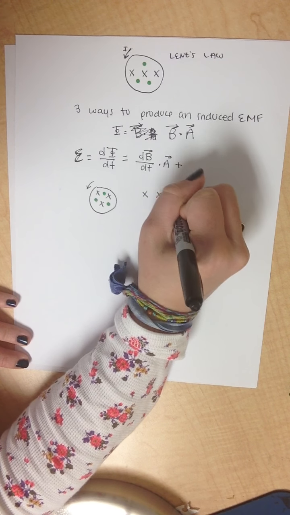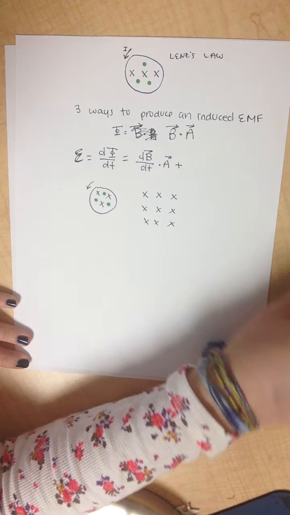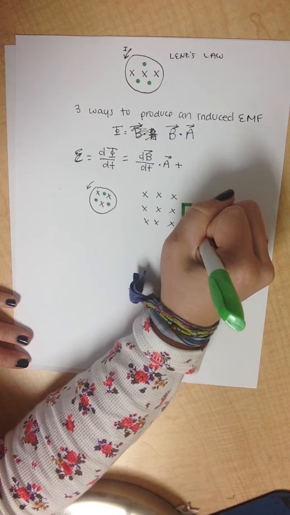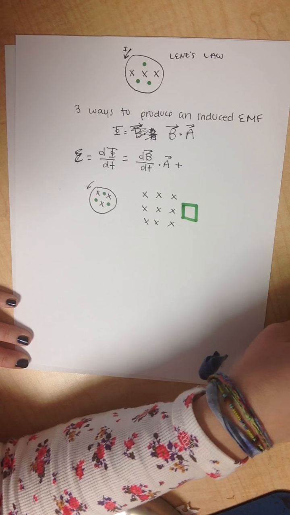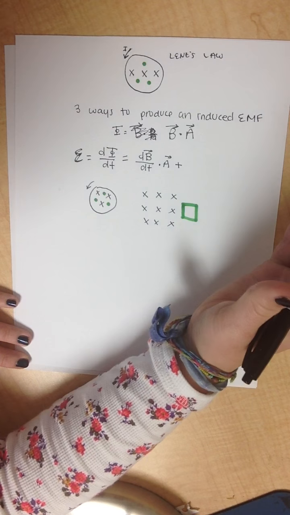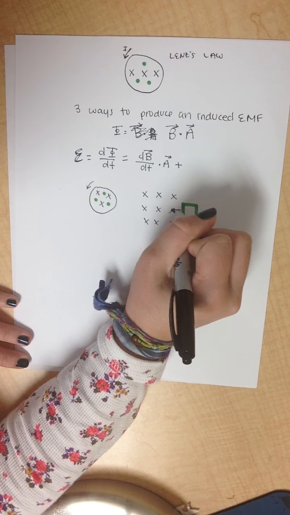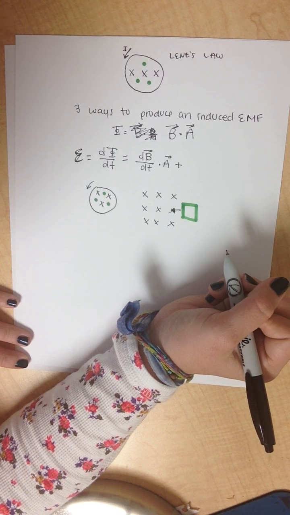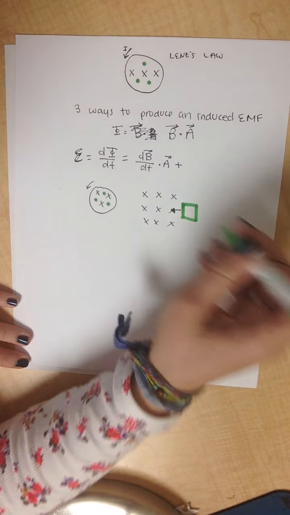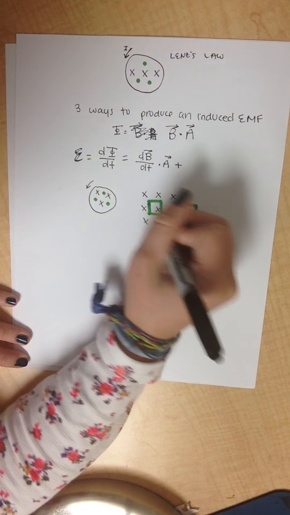Now, the second way to do this is a change in area. So we have a constant magnetic field here, and we have a square loop that's outside the magnetic field right now. So it has a zero EMF because nothing is happening, there's no movement here. Now the loop starts gradually moving in towards the magnetic field. So in a few seconds, this loop is going to be over here and be completely full.